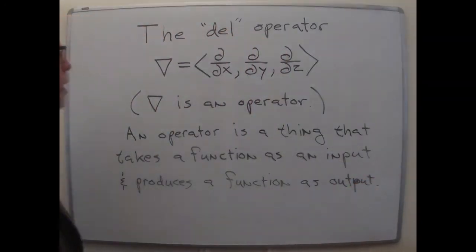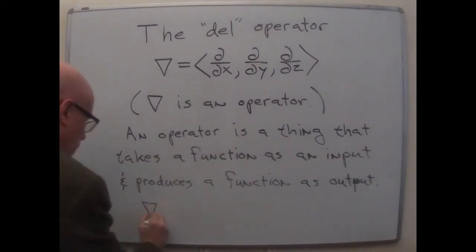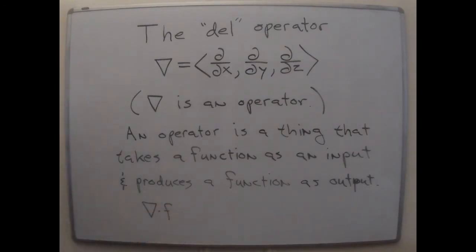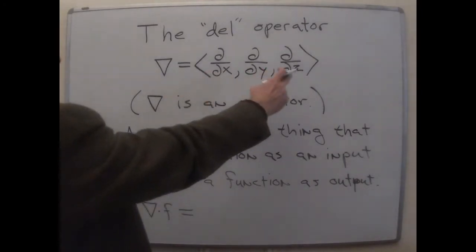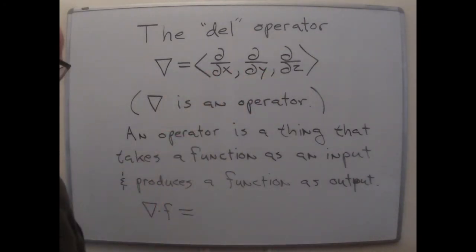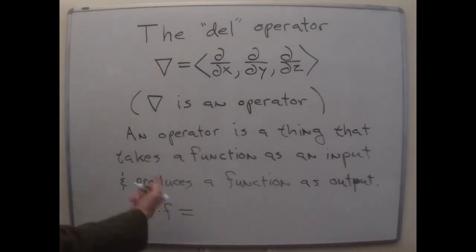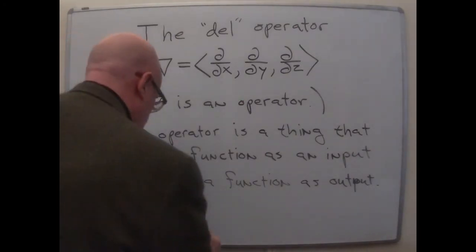So the most straightforward thing to apply del to is an ordinary function. If you take del and you multiply it times a function, that looks like this vector of things multiplied by a function. Do you know how when you have a vector times a scalar, you just distribute the scalar in?